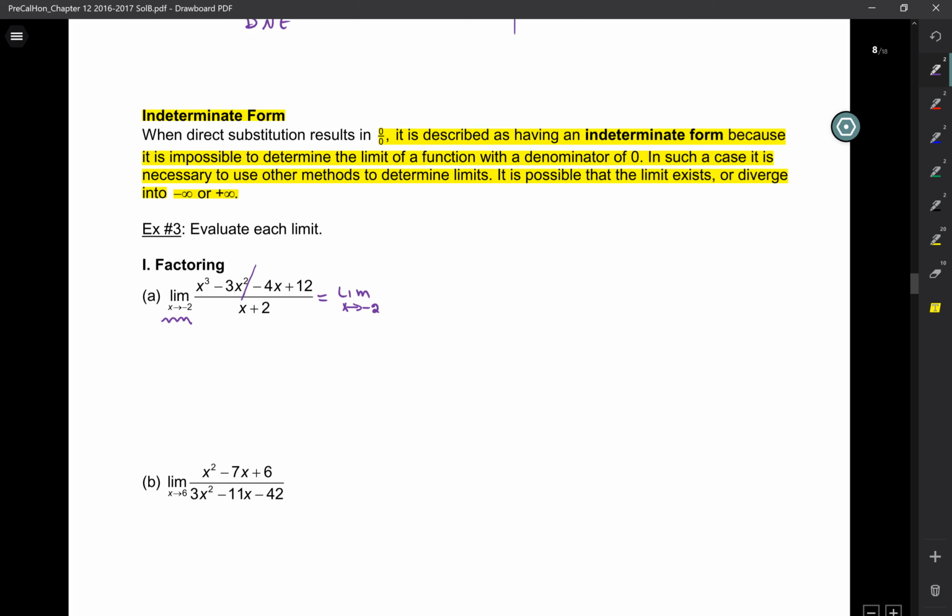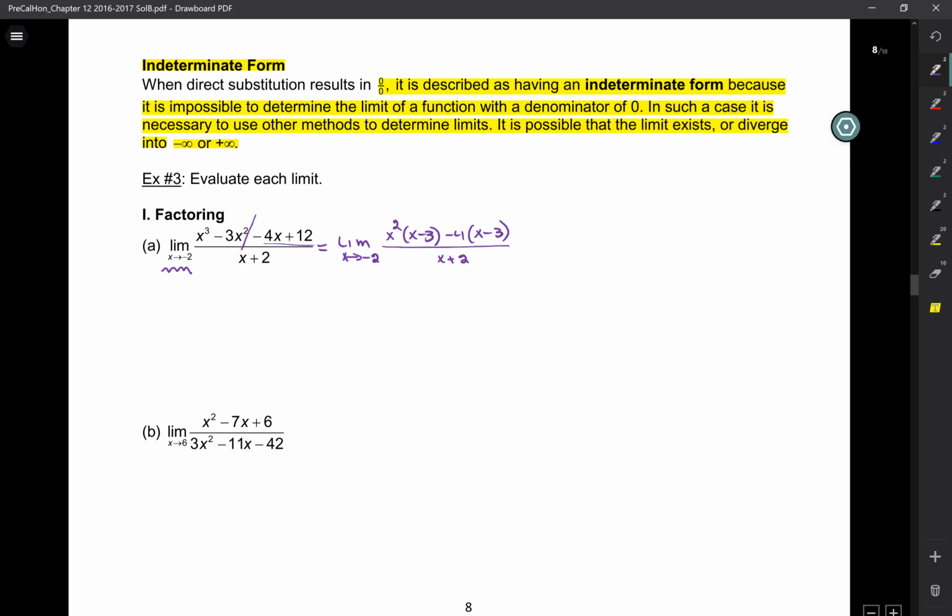We're going to factor this by grouping. From the left side, we factor out an x squared, and we get x minus 3. From here, we factor out a -4, and we get x minus 3, which is nice because that's exactly what I wanted, over x plus 2.